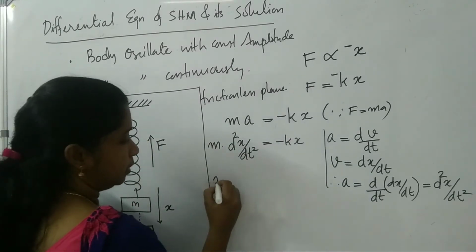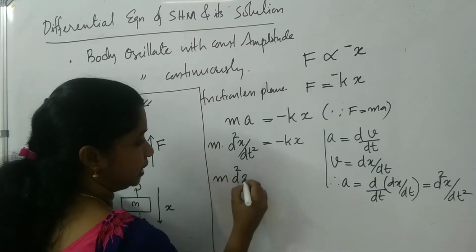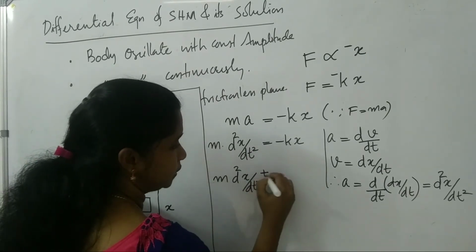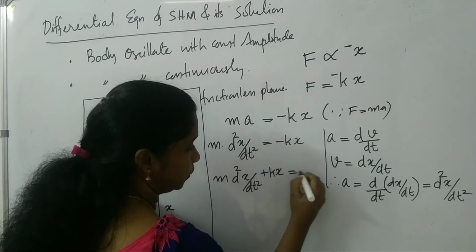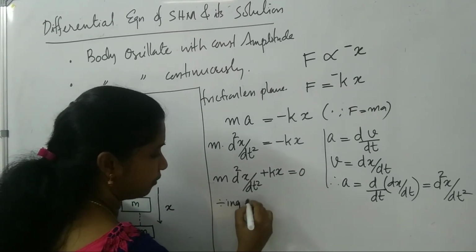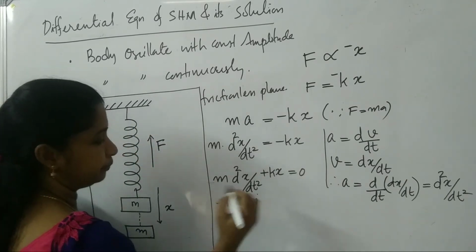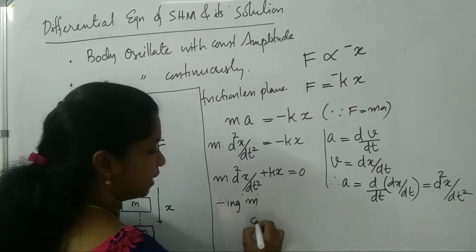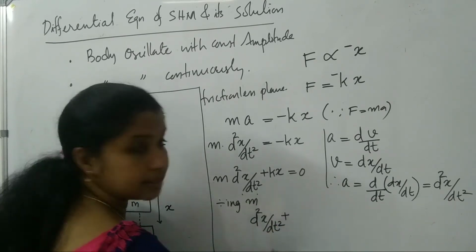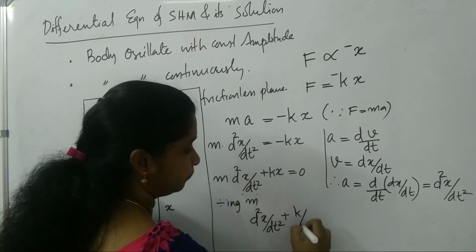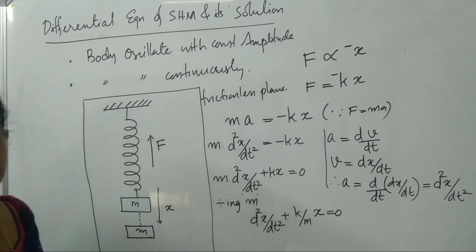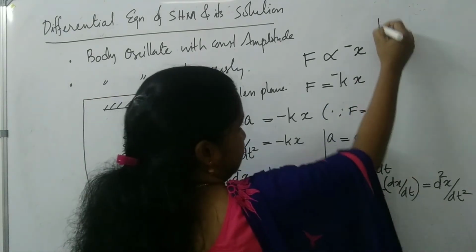Then m d square x by dt square, taking the right-hand term to the left-hand side, plus kx equals 0. Dividing by m throughout, we get d square x by dt square plus k by m into x equals 0. Then we can make a substitution.